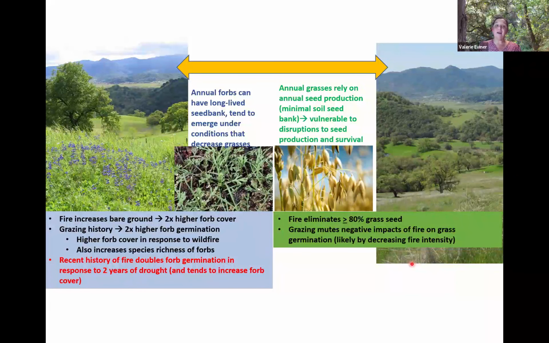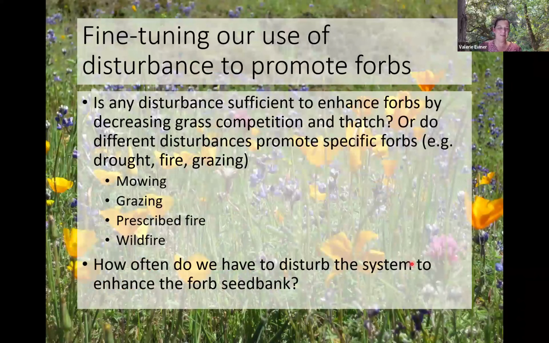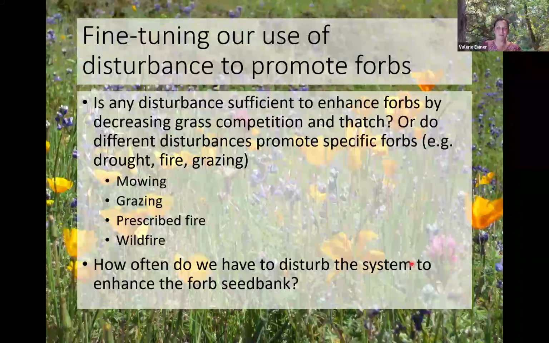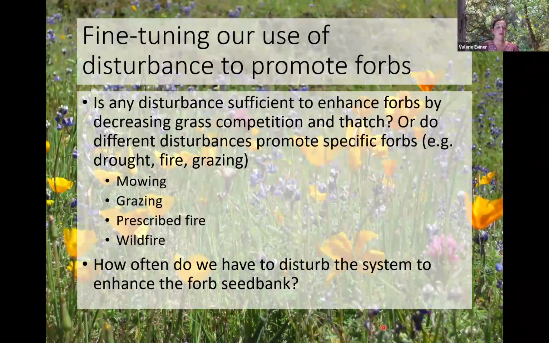There are a lot of really important questions when it comes to actually implementing this, and my research group and a lot of other folks are working on them. So, disturbance sets back the grass, lets some of those forbs come out, and gets their seeds into that seed bank, which is super important. But is any disturbance fine?